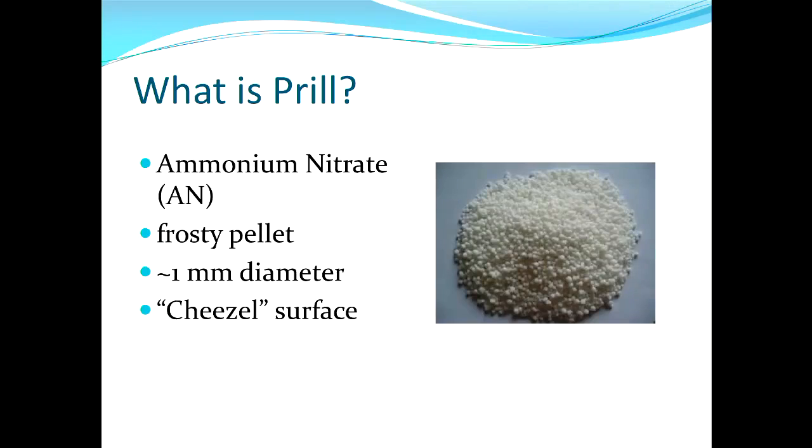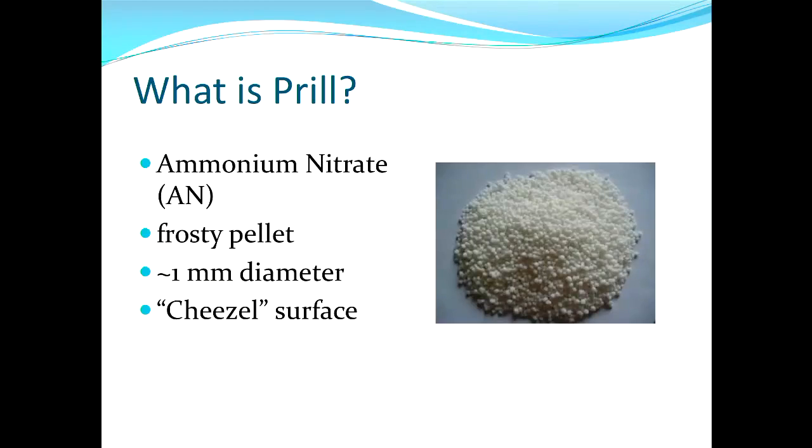Prill is a special form of ammonium nitrate, and it's very small. It's got an average diameter of around 1 millimetre, and the size of the pellets is important. But in particular, its surface texture is really important. It's got a sort of frosty, cheesel-like quality to it.